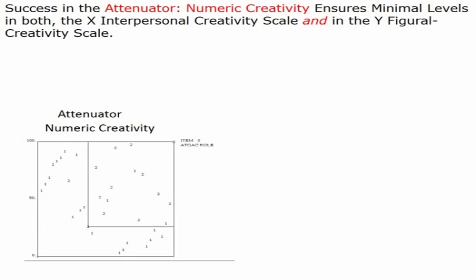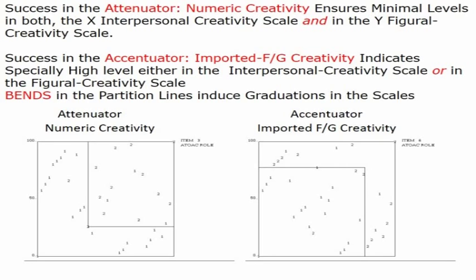Success in the attenuator, numeric creativity, ensures minimal level in both the x interpersonal creativity scale and the y figural creativity scale. Success in the accentuator, imported figure ground creativity, indicates especially high levels either in the interpersonal creativity scale or in the figural creativity scale.